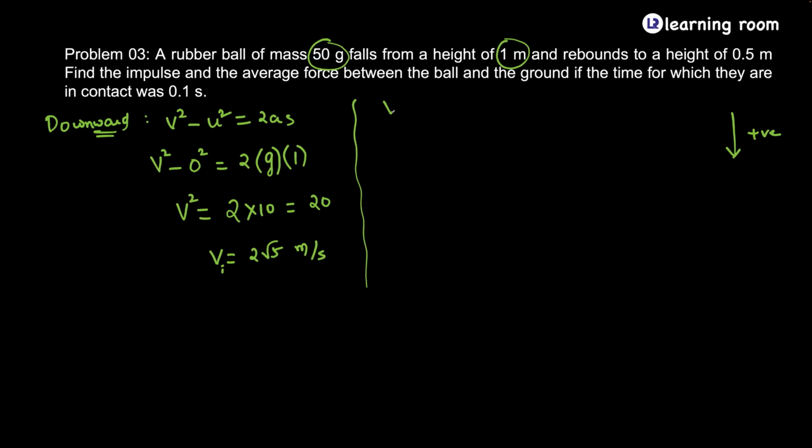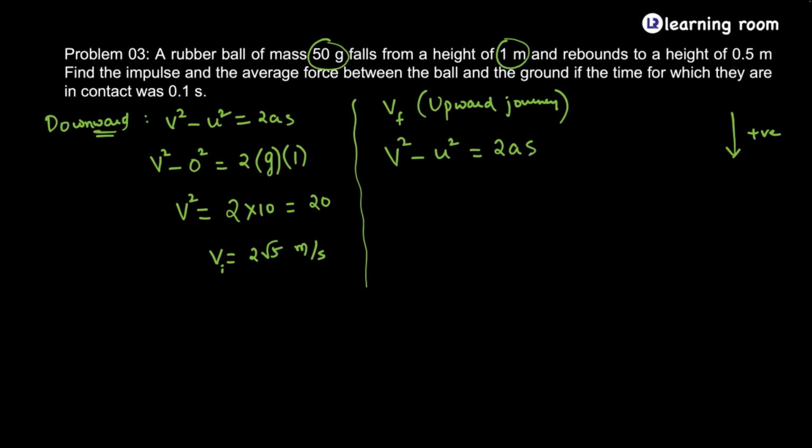So now I need to calculate the final velocity. For calculating the final velocity, I need to take the upward journey. So I'll apply the formula V square minus U square is equal to 2 into a into s.